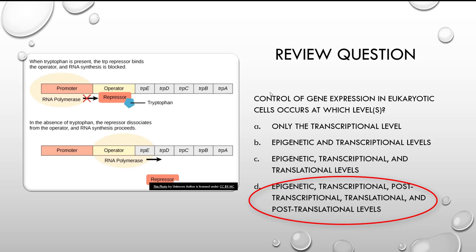That could produce different proteins, or cause the genes to be expressed differently. Translational level: we could have a blocking of the translation initiation complex. And finally the post-translational level: we could have a tag on the newly made protein for degradation. So D is the correct answer, all of them.